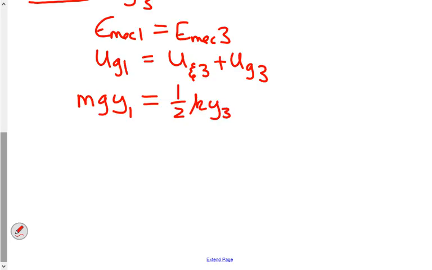And in this case, it's going to be 1/2 ky3 squared, plus mgy3.